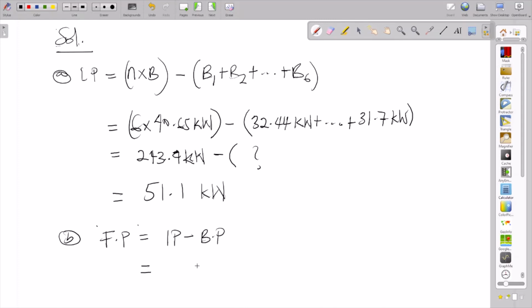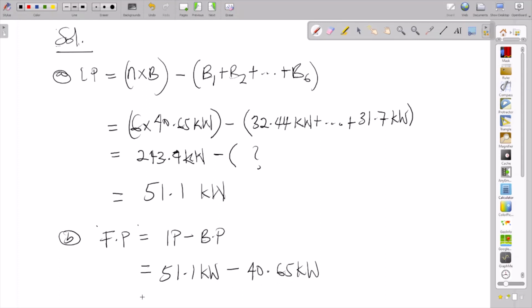So the power that is being expended at those components. The indicated power was 51.1 kilowatts. We'll subtract the brake power from it, which is the brake power recorded at the output shaft, 40.65 kilowatts.